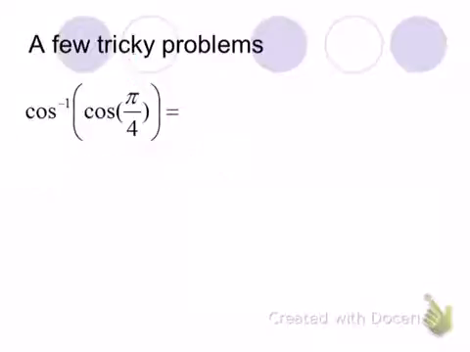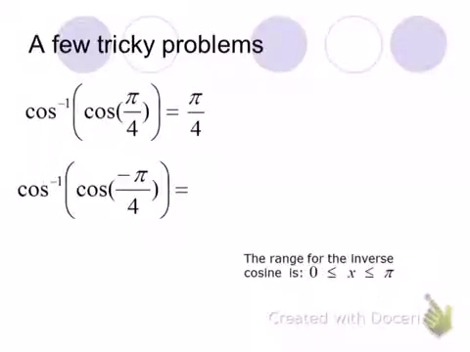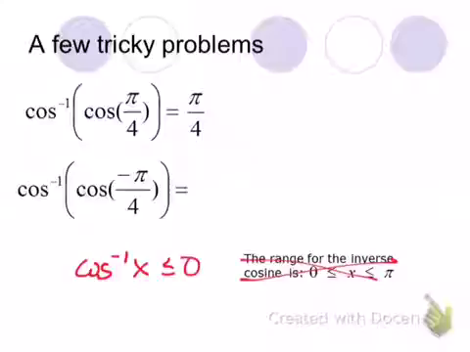For example, the inverse cosine of the cosine of negative pi over 4. Let's remind ourselves that the output of the inverse cosine is between 0 and pi.